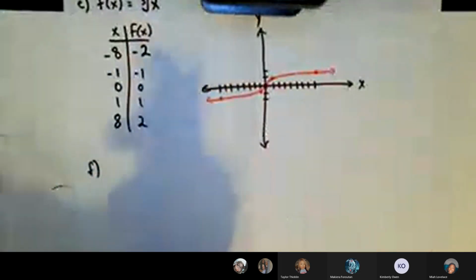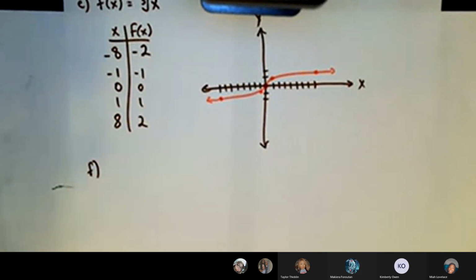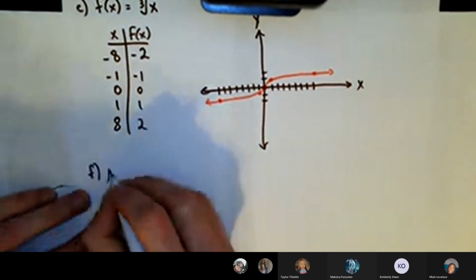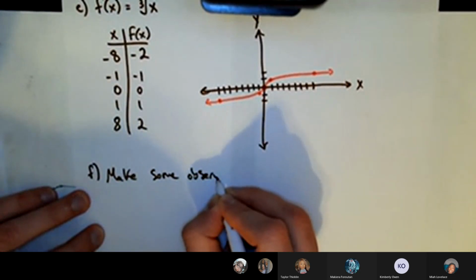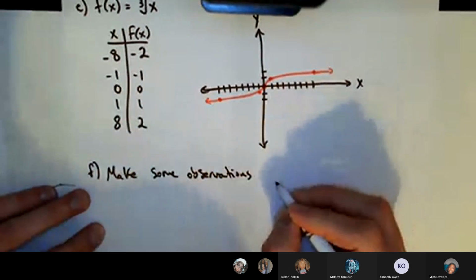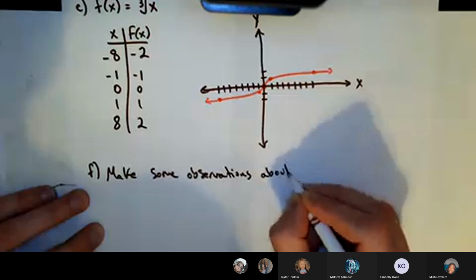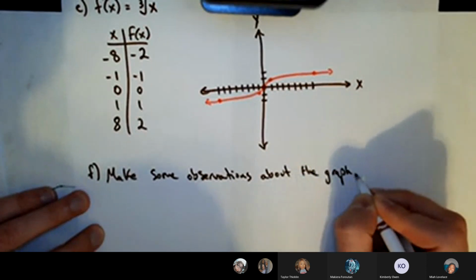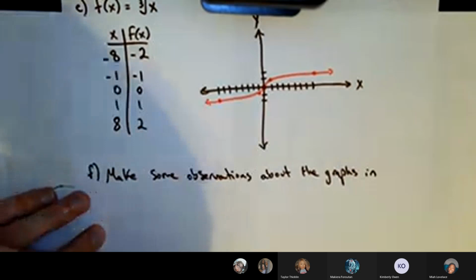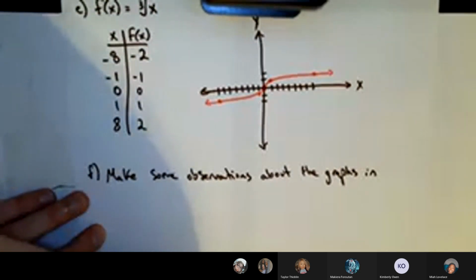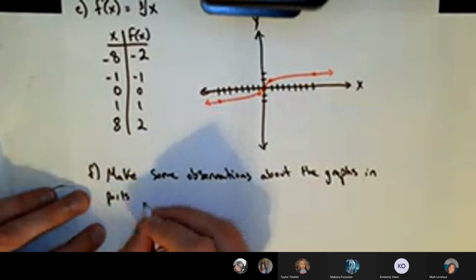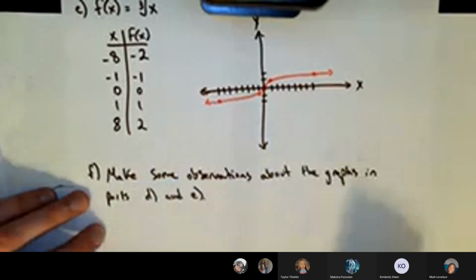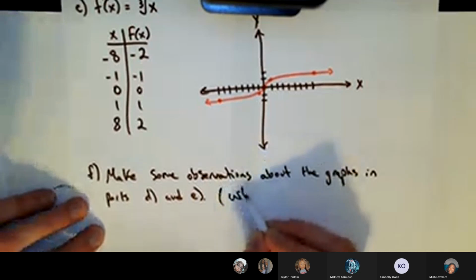Now, like we did for part C a second ago, let's make some observations about the graphs in parts D and E. In particular, here's the question.